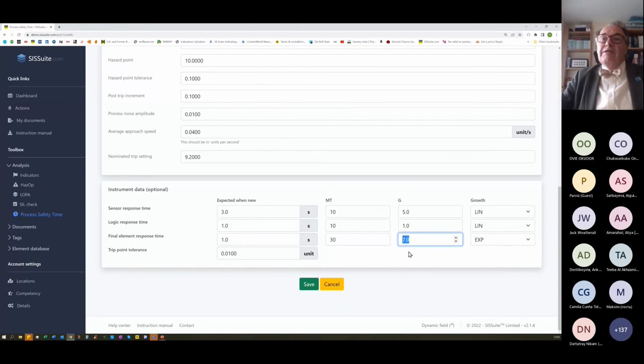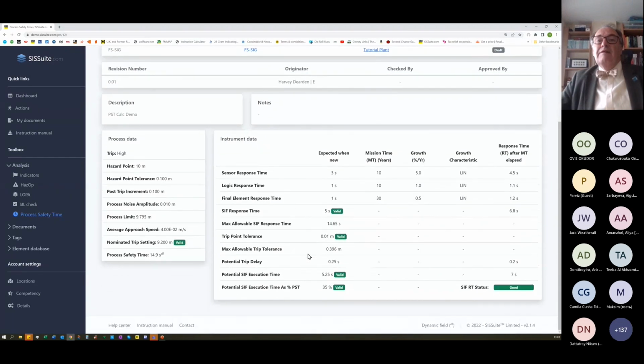For such a piece of equipment, I would expect a very low growth rate. I'm going to say 0.5%, and I'm going to say linear. You can see this is on the rule of thumb basis, we're still handsomely below the 50%, and even after the mission time has elapsed for each subsystem, we still have a SIF that will meet the requirement.